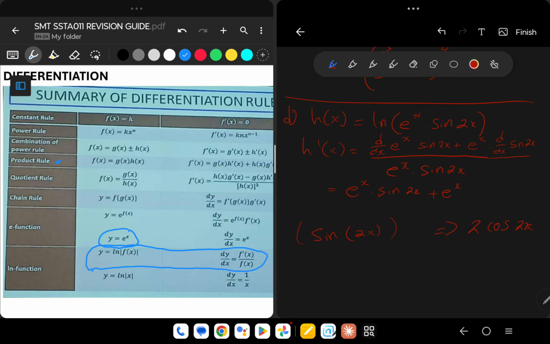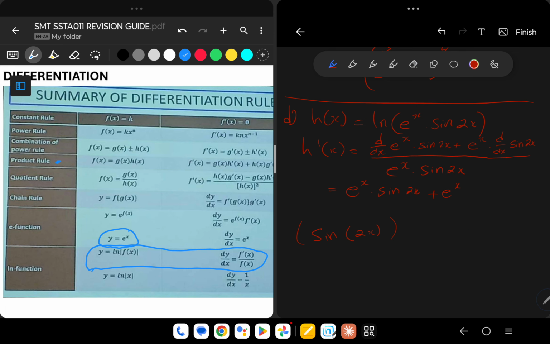And the derivative of sine x is just cos x. So now, let's look into how we arrive at 2 cos 2x.